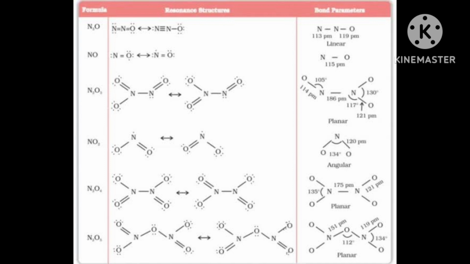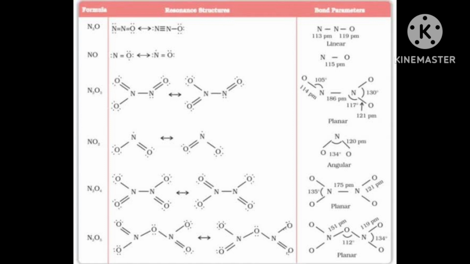And what is the actual bond length? The bond length for this single bond NO is 151 picometer, and on one side 151, and on the other side the NO bond length of the other nitrogen is different, 115 picometer, meaning a little weaker than the first NO single bond.